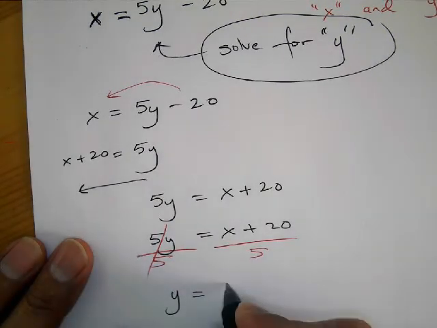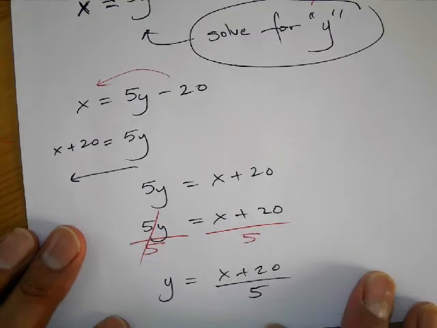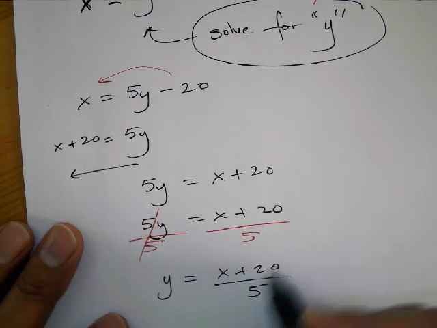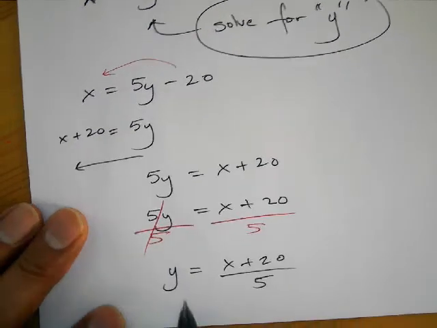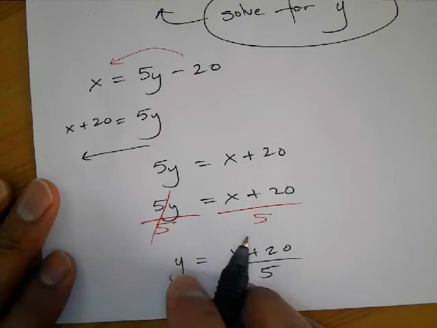And this new y, which is this x plus 20 over 5, just leave it like that. Don't be doing this where you cancel this, remember? If you're going to do that, you've got to do x divided by 5 plus 20 divided by 5. There's another way.